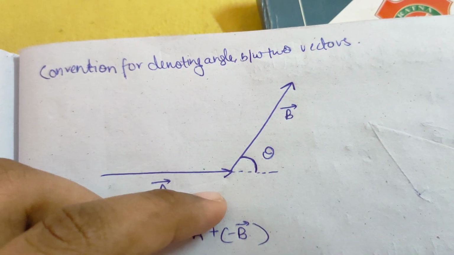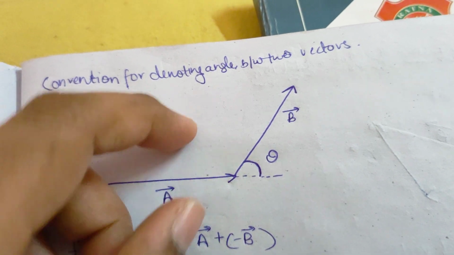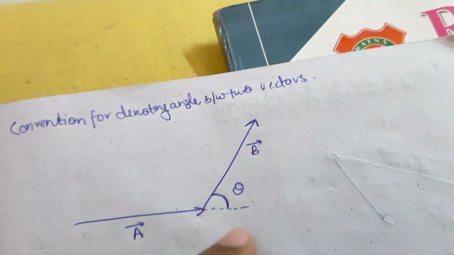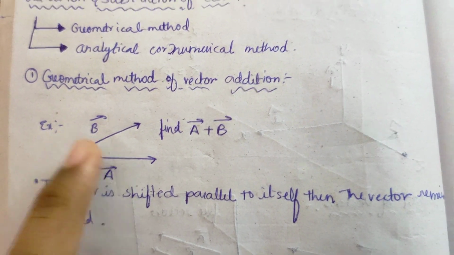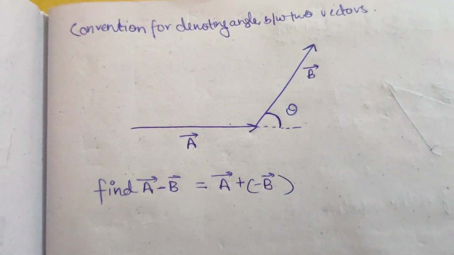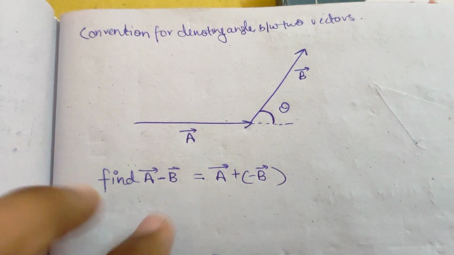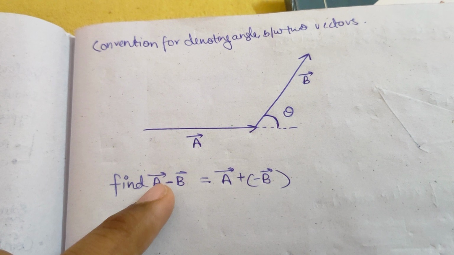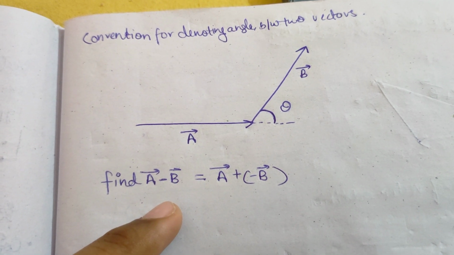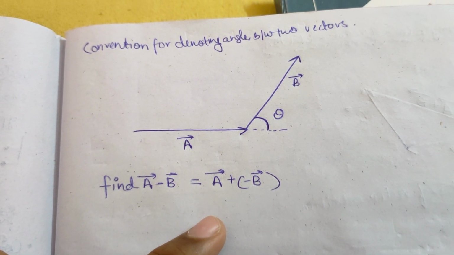So we should not take the biggest angle; we have to take the small angle, which is equal to the theta formed by the original vectors. So for this diagram, let us find a minus b. a minus b equals a plus minus b.